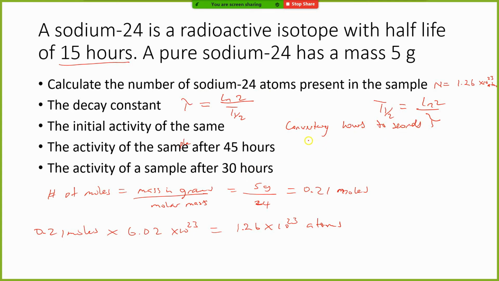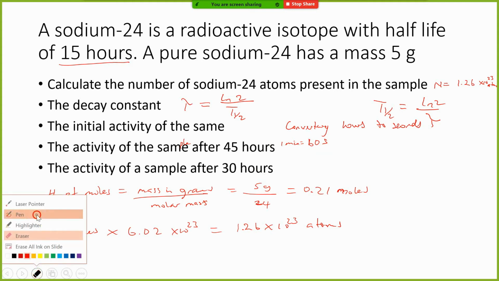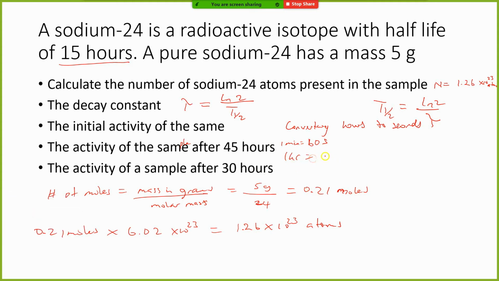And we know that 1 minute is 60 seconds. Let me just rewrite this. So 1 minute is 60 seconds, 1 hour is 60 minutes, and we know that 1 minute has 60 seconds.